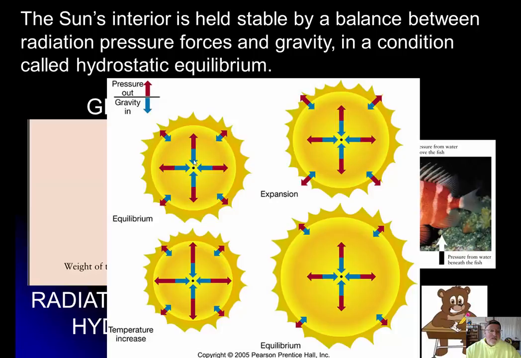If the sun produces a little bit more heat, it will expand, which will mess up the equilibrium. But then what will happen is that the pressures inside, which create the heat, decrease. The sun will cool, and it will shrink back down to its equilibrium size.